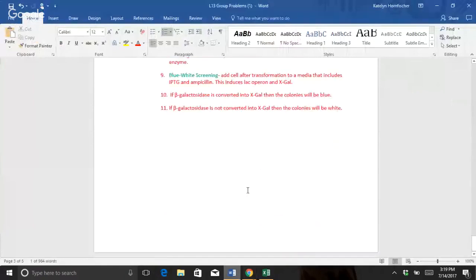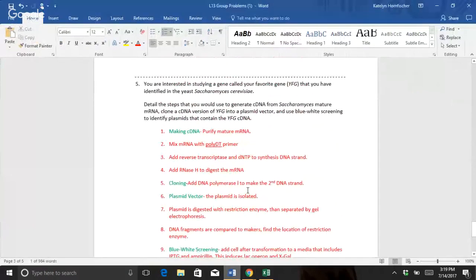All right. Okay, and then for number 5, it's asking us to do the steps if we were to take this yeast. I'm just going to call it SC. And we're trying to find this gene called YFG. And this is the process in which you would take it through in order to find that YFG gene.